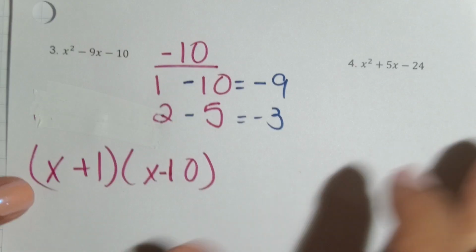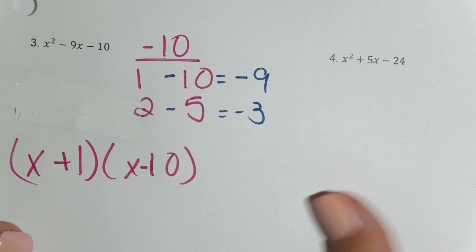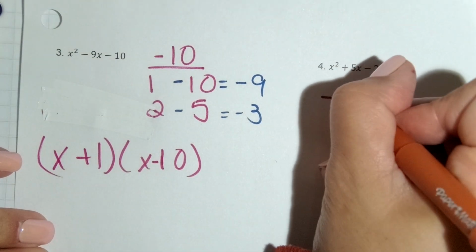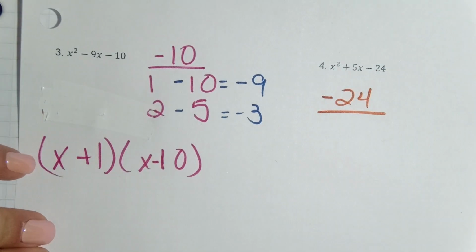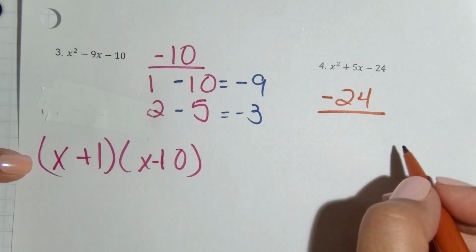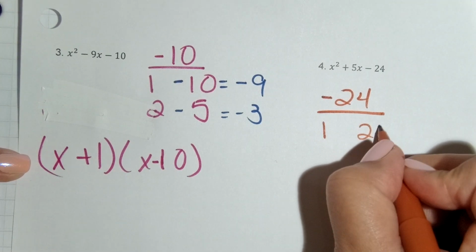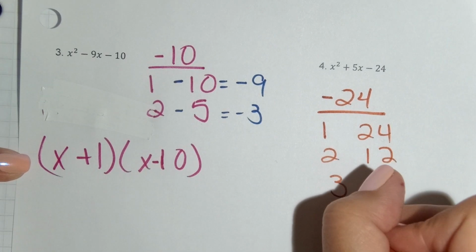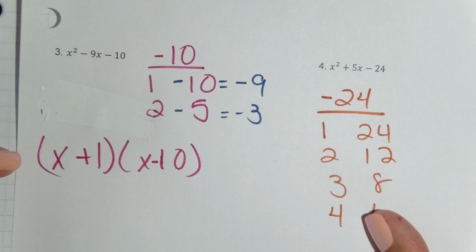All right. Last but not least, we need factors of what? Negative 24. That add to be what? Positive 5 or negative 5? Positive 5. So we have 1 and 24, 2 and 12, 3 and 8, 4 and 6.